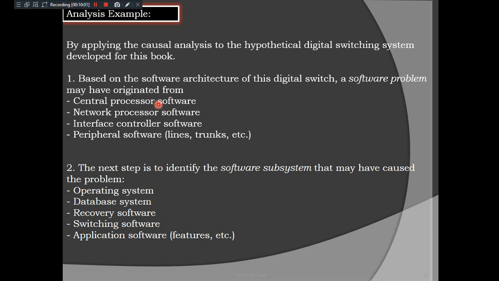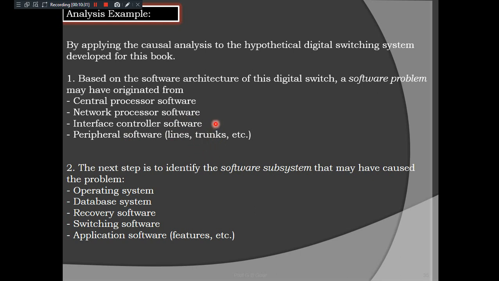a software problem may have originated from the CPU, the central processor software. You may assume that it may be occurring because of the software of the CPU, that is the third level, or it may be some fault with the software kept in the network processor, that is the level 2 control, or with the software kept in the interface control, that is level 1, or peripheral software, lines and trunks, which control those things.